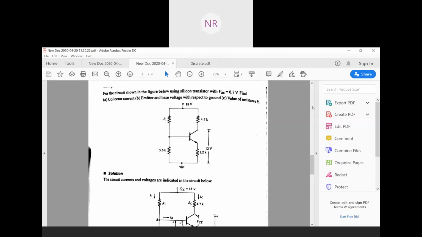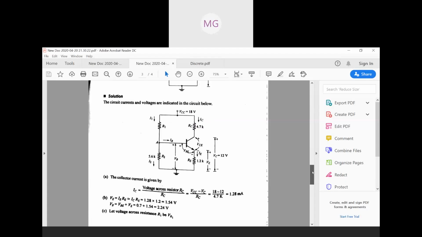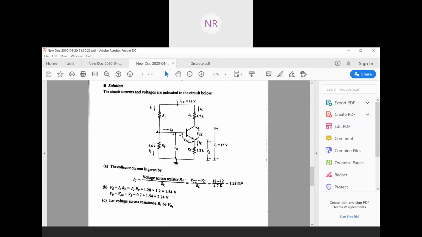So using V is equal to I into R, we can easily calculate the collector current. Voltage across RC is VCC minus VC divided by RC. 18 minus 12 divided by 4.7K, which is nothing but 1.28 milliampere. You can notice here, whatever IC, IE value we are getting, it is nearly equal to 1 milliampere.